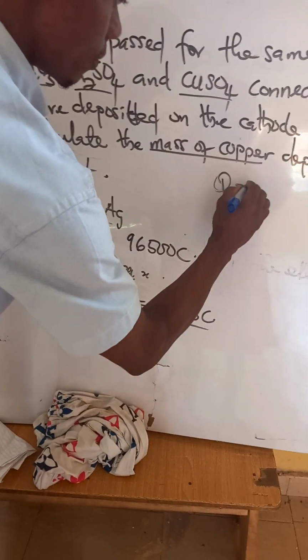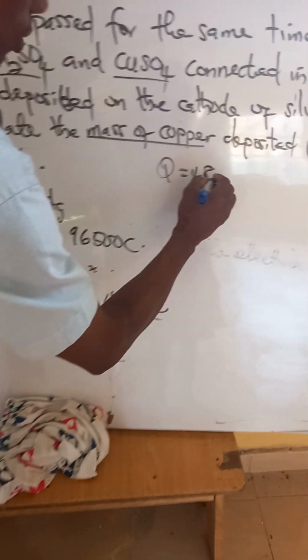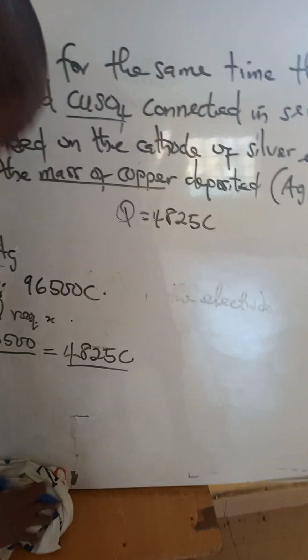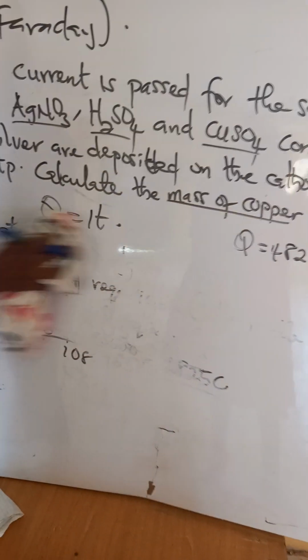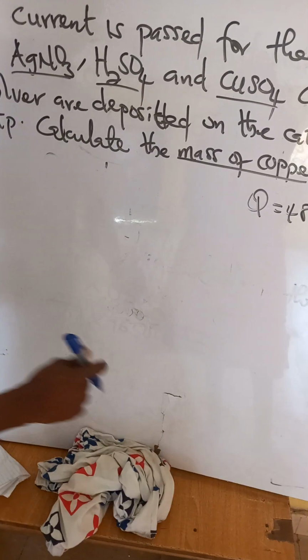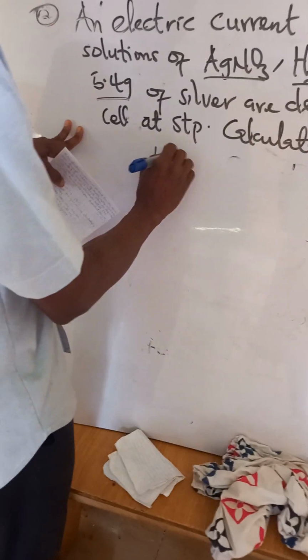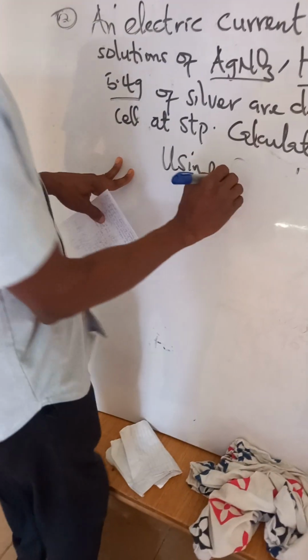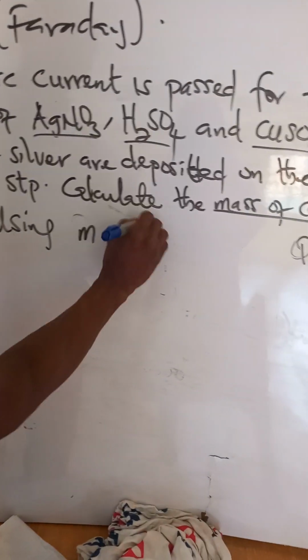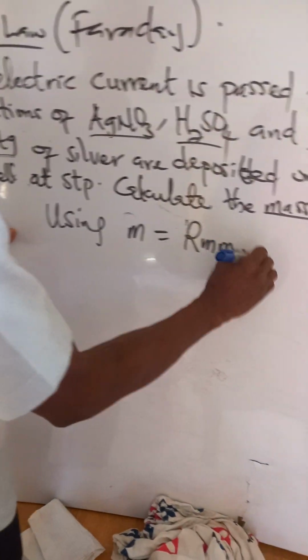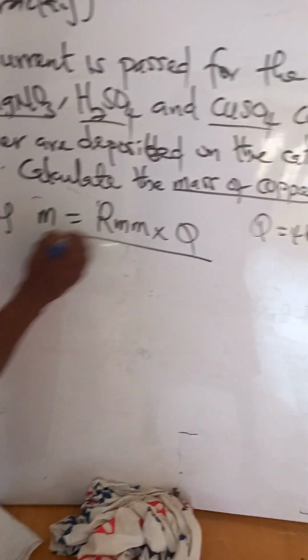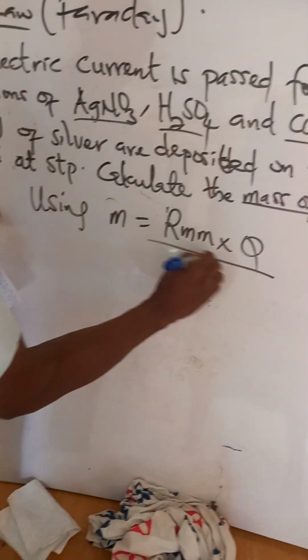Q is given to be 4825 coulomb. Every other thing has been given. So using the normal formula, M, which is mass deposited, is equal to RMM multiplied by Q over N F. How many Faraday do we require for copper?